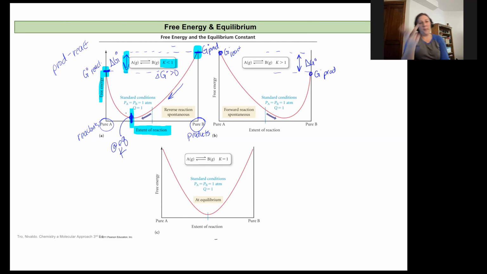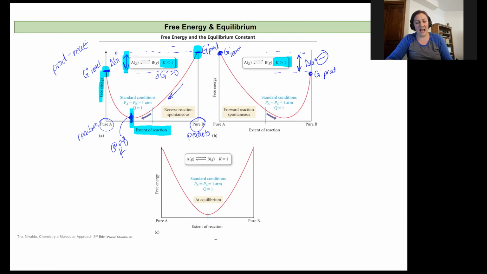And so this is a driving force to have our balance of reactants versus products favor our reactants. And you can see the opposite of it on the graph to the right. In this case, our reactants free energy is larger than our products free energy. And so we have a negative value for that change in free energy between A, our reactants, and B, our products. This is for K larger than 1, so we expect to favor products.